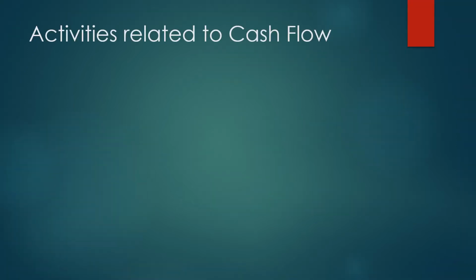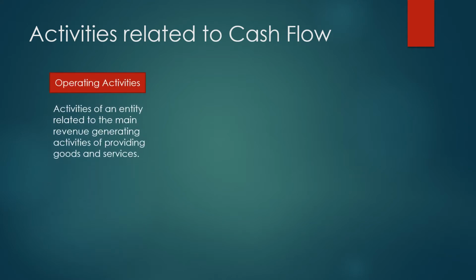Right, so activities related to cash flow. There are basically 3 activities when we are talking about cash flow. So ano-ano ba 'to? First, we have the operating activities. When we say operating activities, these are the activities related to the main revenue generating activities of providing goods and services. So, example ng operating activity is your sales revenue.